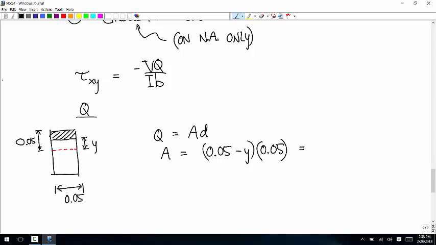And so you get 0.0025 minus 0.05 y for the area.